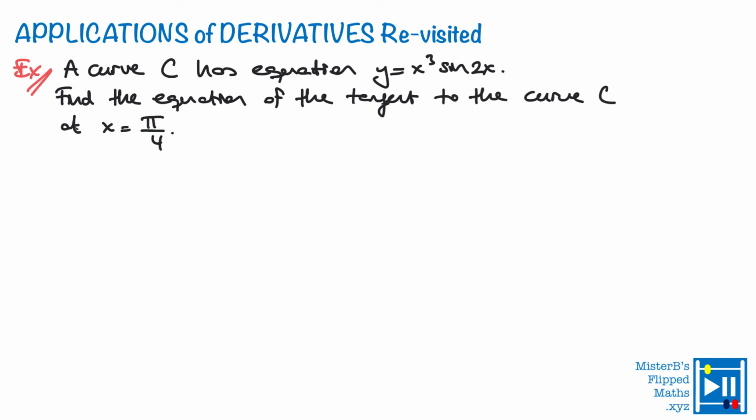So the general equation for the tangent line is y equals mx plus c. So m stands for the gradient, and c stands for the y-intercept, right? Now, for the gradient, I need to find the derivative and substitute the x value.